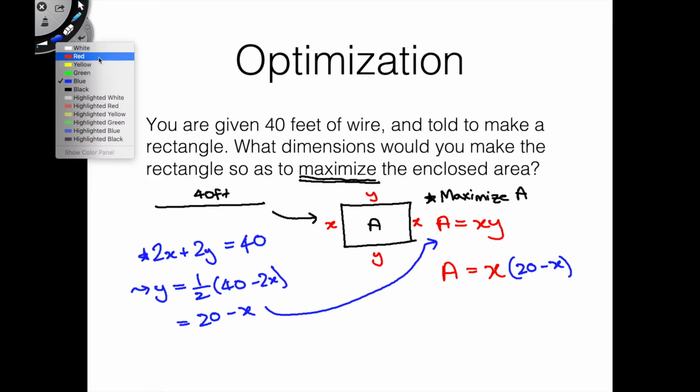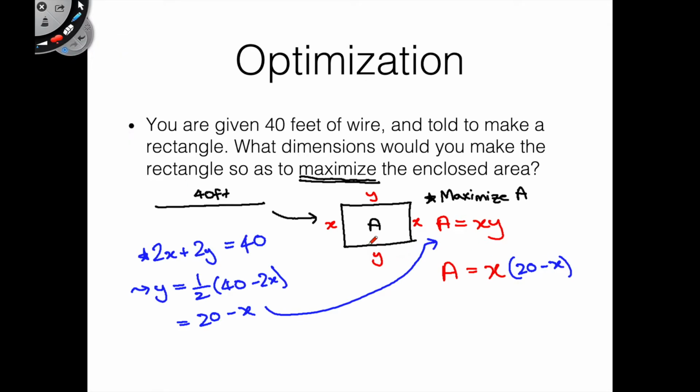And that's pretty amazing, because now in just a few seconds, just by drawing some pictures and using some of the given information, I've gone from this very abstract problem into an equation that I can use a second derivative test on. We can use a second derivative test on this, find our critical points, and find the exact maximum, the dimensions that would actually maximize our area.